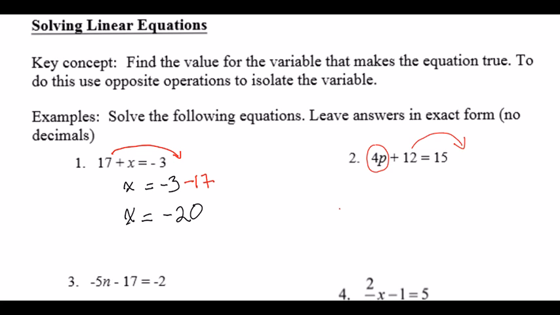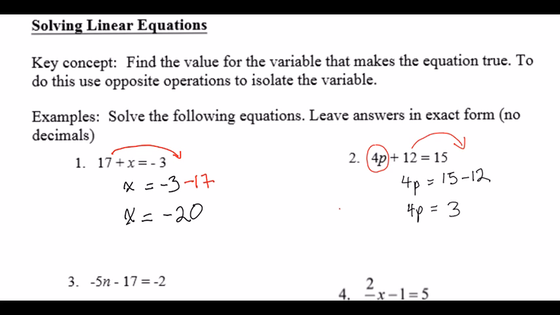Then you just copy down everything exactly the way it was before, except the plus 12 becomes minus 12 to the right of 15. Then we simplify 15 minus 12, because there's nothing more to move since 4p is where we need it. So now we end up with 4p is equal to 3.